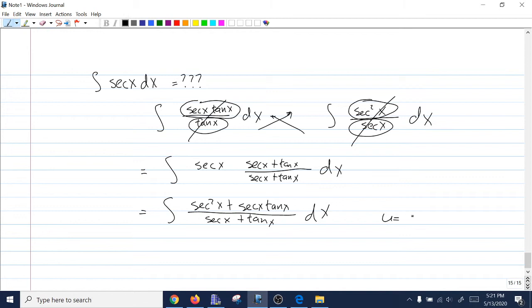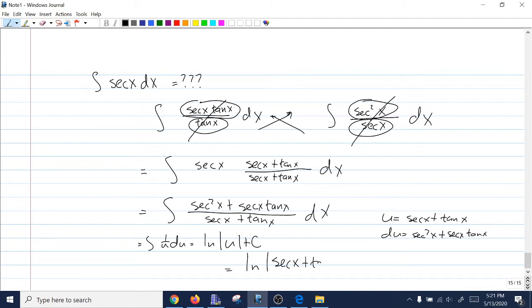We can do the substitution. U equals secant plus tangent. Du is secant squared x plus secant tangent x. So this is the integral of 1 over u du, which is natural log absolute value u plus a constant. The integral of this is natural log absolute value secant x plus tangent x plus a constant.